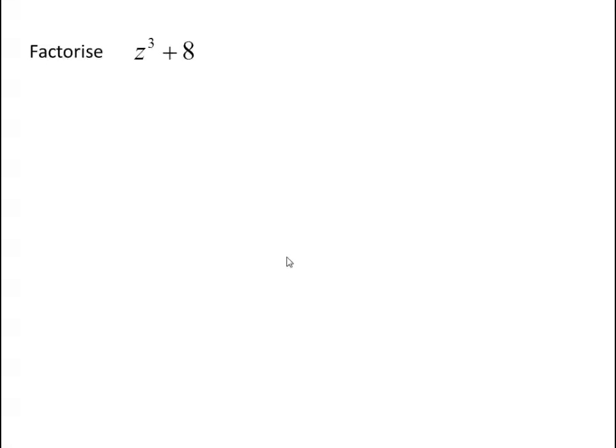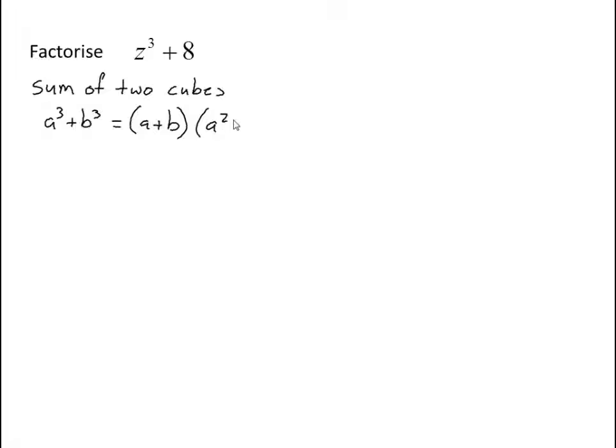Okay. Now this is an interesting one. This is z cubed plus 8. And the key here is for you to recognise that as a sum of two cubes. Now we have a rule for a difference of two cubes, or a sum of two cubes. So we have sum of two cubes, and we say a cubed plus b cubed equals a plus b outside of a squared minus ab plus b squared.